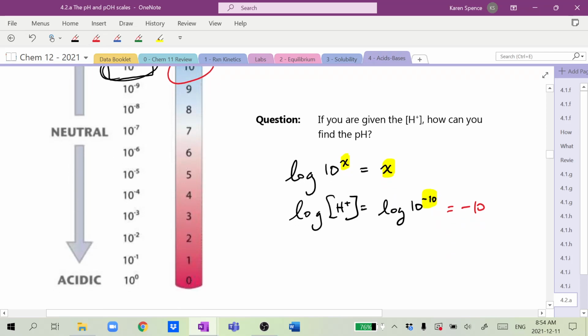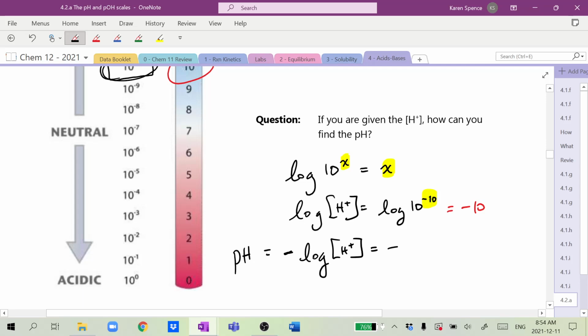So if we actually have our hydrogen ion concentration, not only do we have to log it, but we also have to make that value negative. So the negative of the log of hydrogen ion concentration is the pH. So let's try that out.